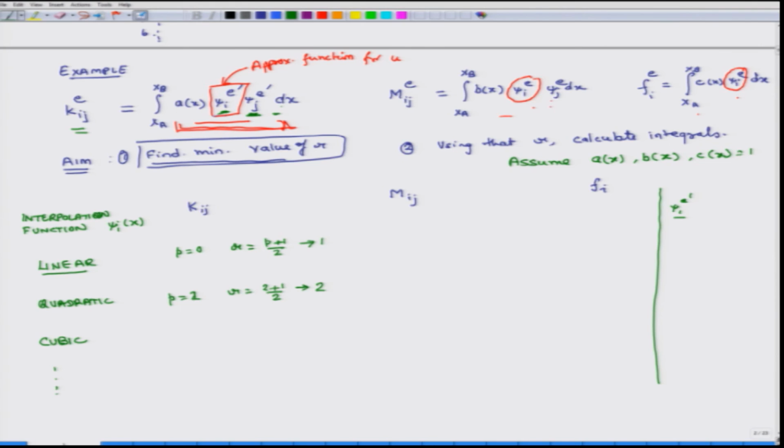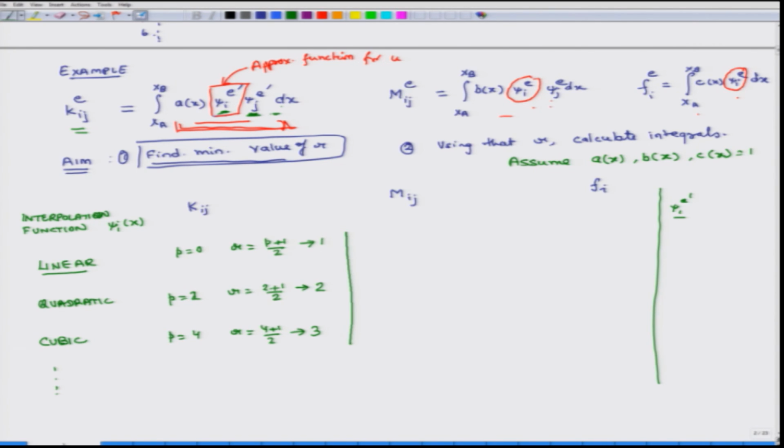This is also 2 psi j prime, and j will be still constant. So, constant means its order is 0. So, P is equal to 2 plus 2, 4. R equals 4 plus 1 by 2, and that gives us 2.5. So, I do not use 2.5, I use 3, which is the next integer.